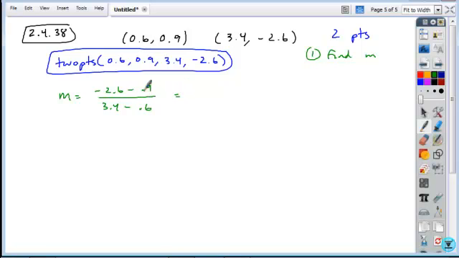Looking at that, you wind up with negative 3.5 in the numerator and 2.8 in the denominator. If you divide these out, you get negative 1.25.